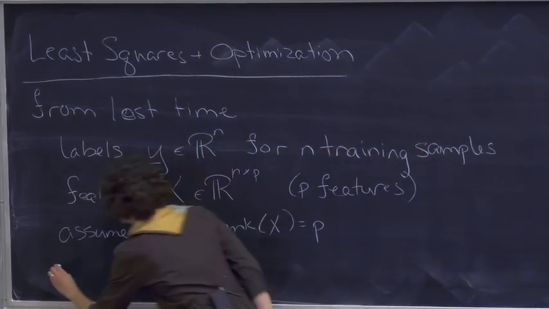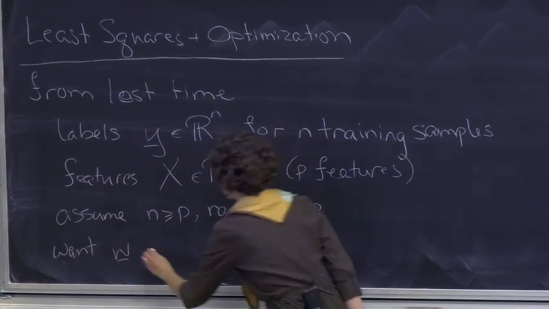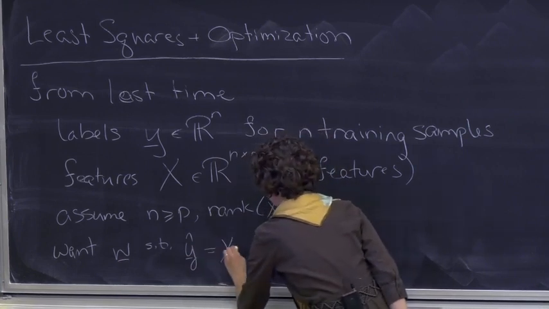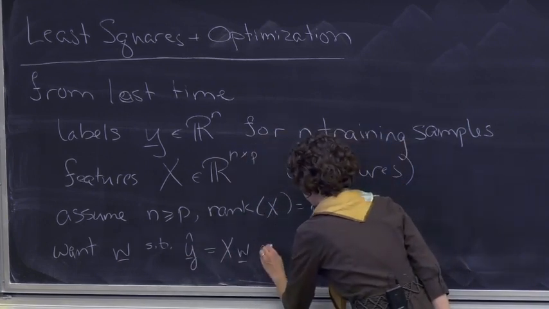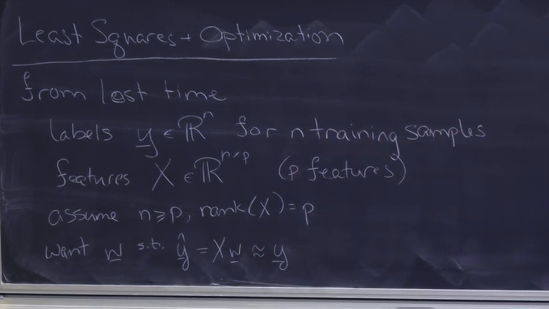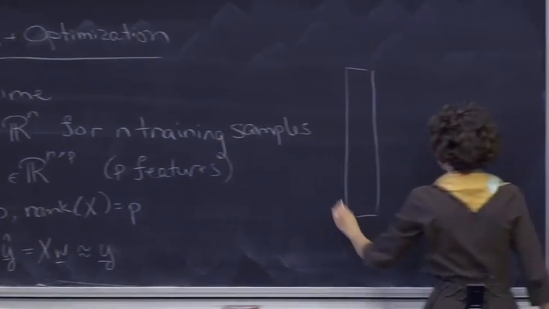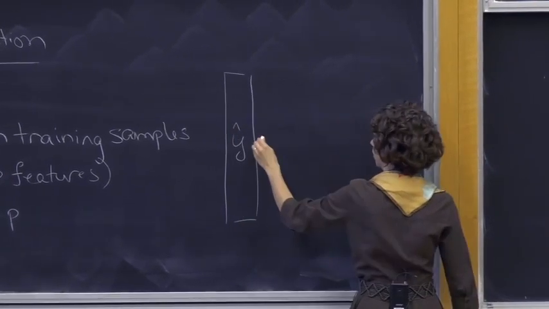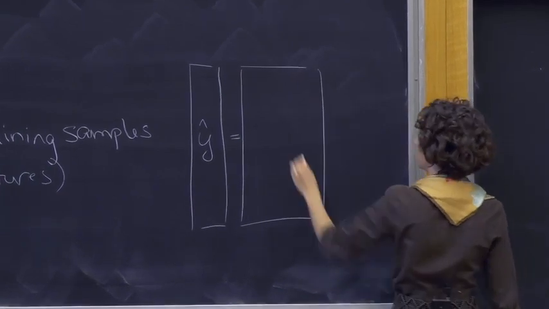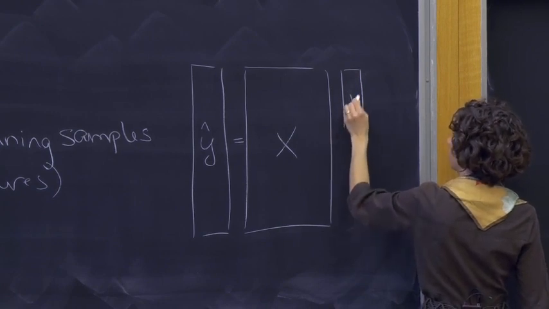And we want to find a weight vector w so that some predicted labels y hat equal to Xw are as close as possible to our observed labels y. And we've talked about this in a least squares sense. So pictorially, we have this vector y hat, and we are going to have that be equal to this matrix of features X times a weight vector w.